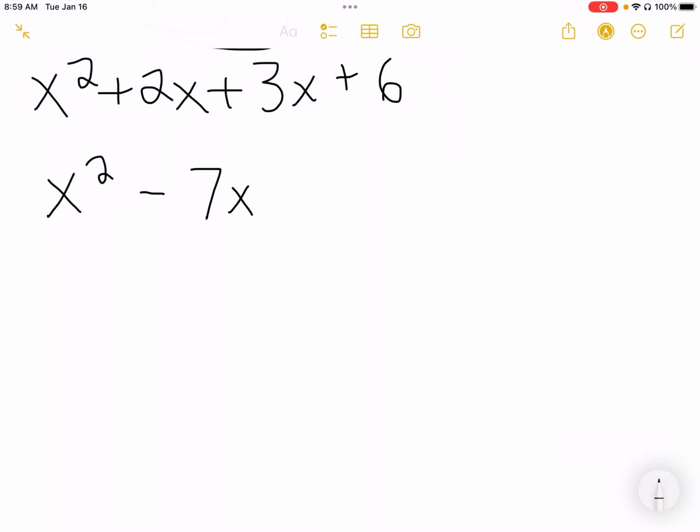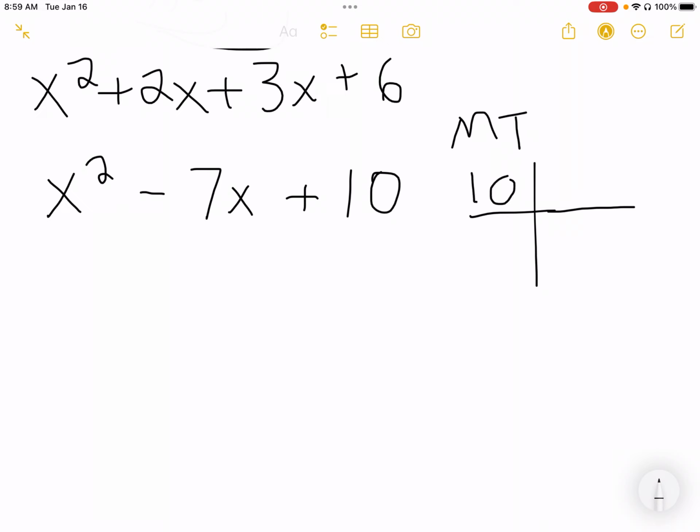Now we've got to set up our chart: multiplies to 10, and adds to minus 7.